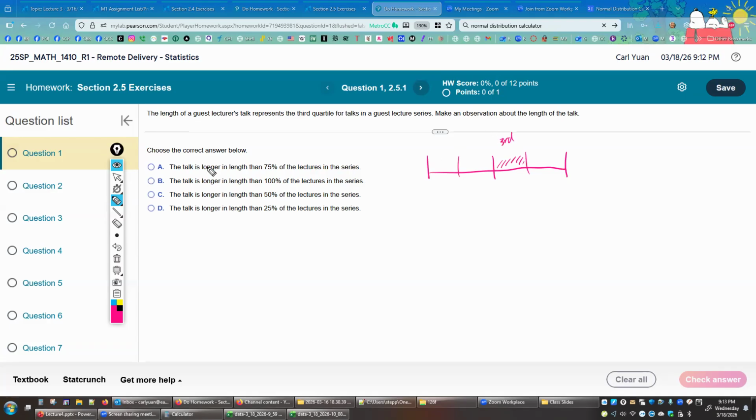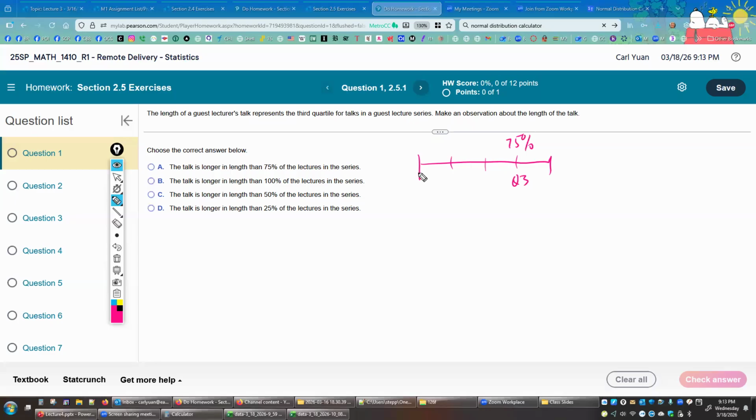So the talk is longer in length than 75%. Ooh, okay, let me rewrite this. I may have it wrong. Third quartile, I think it means the 75th percentile.